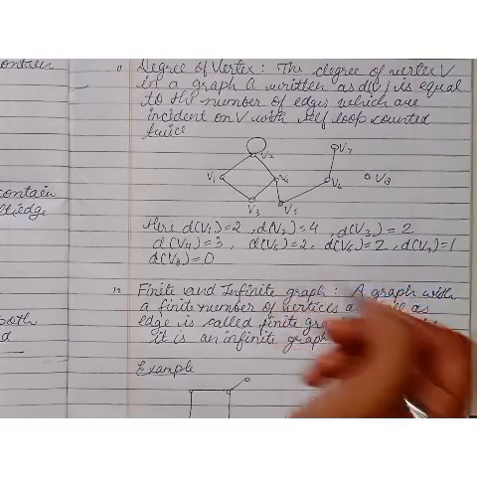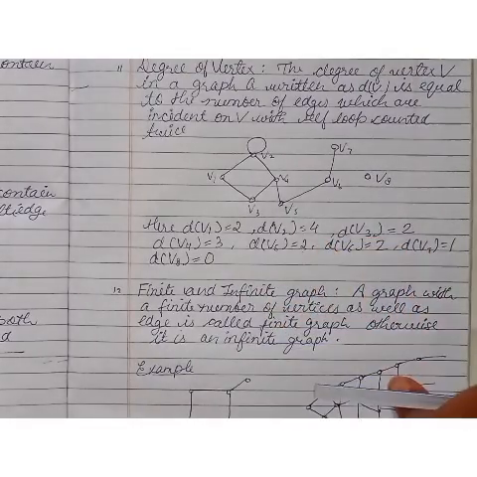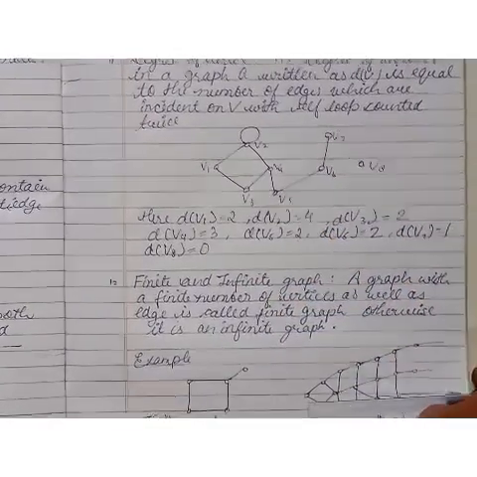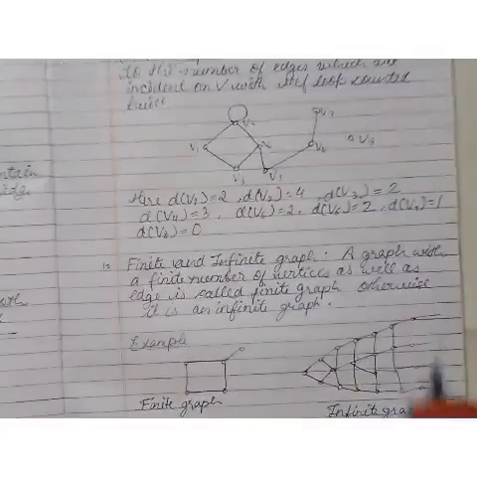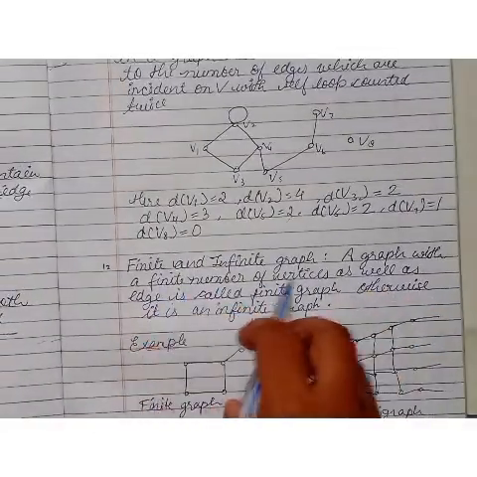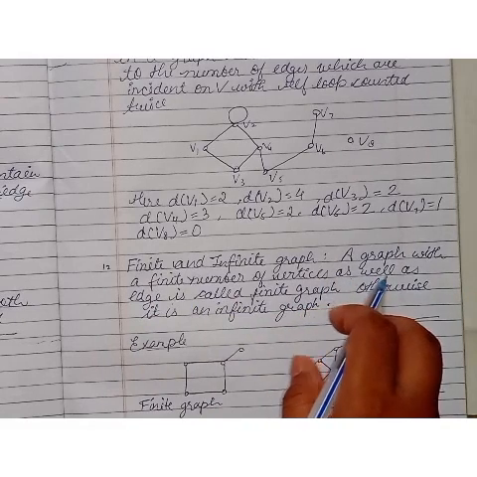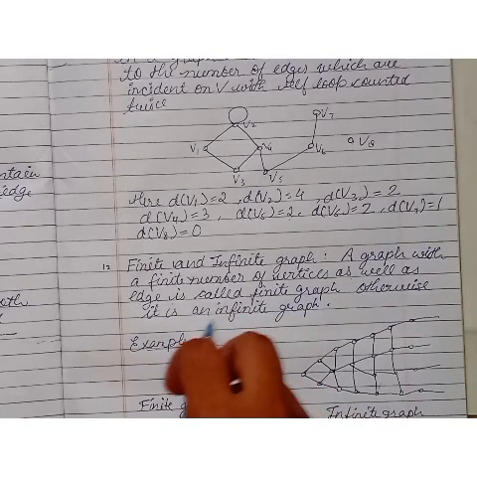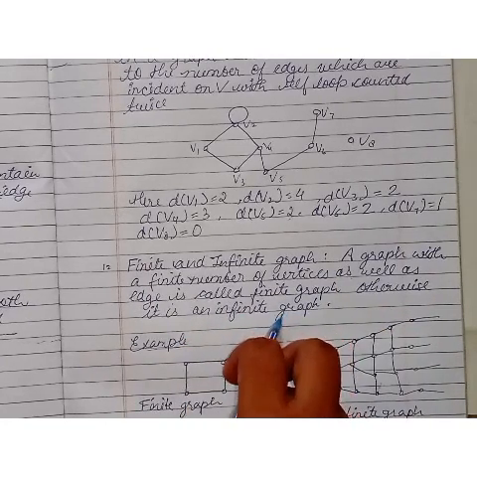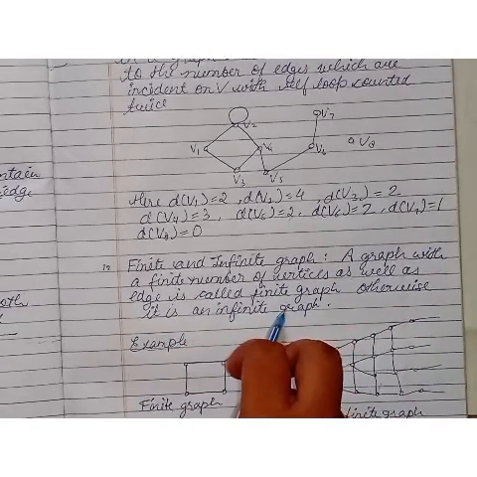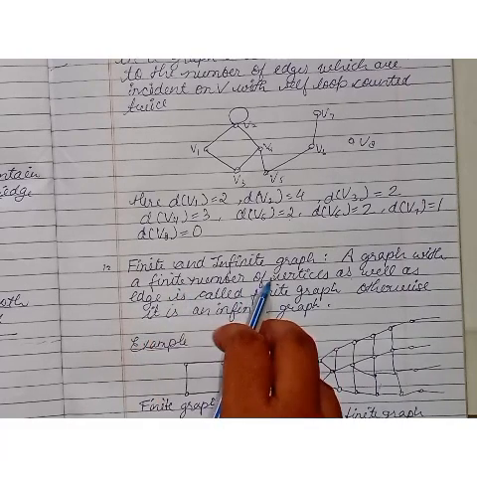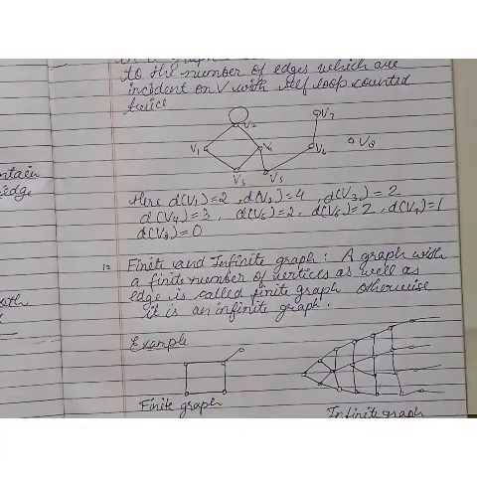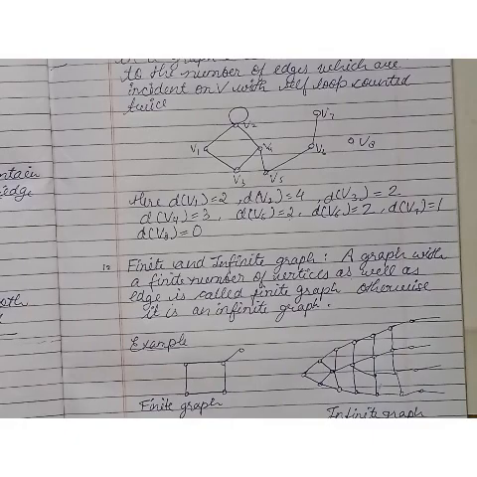v8 degree is 0. Now the finite and infinite graph. A graph with a finite number of vertices as well as edges is called a finite graph. Otherwise it is an infinite graph. It means if a graph has a finite number of vertices as well as edges, then it is a finite graph.